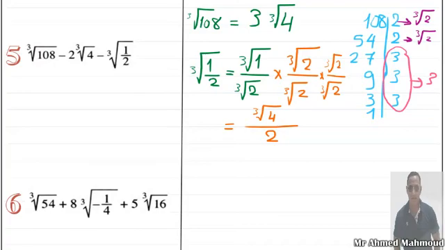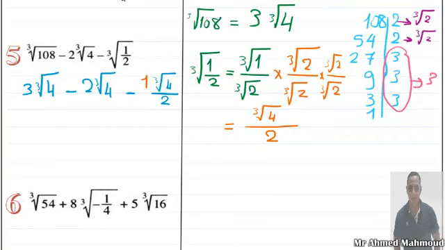Okay, back to our expression. Cubic root 108 equals 3 cubic root 4 minus 2 cubic root 4 minus cubic root 4 over 2. Okay, when we use the calculator, we have here 3, here we have negative 2, here we have negative 1 over 2.